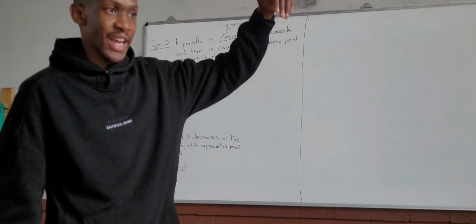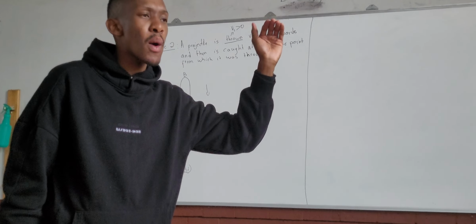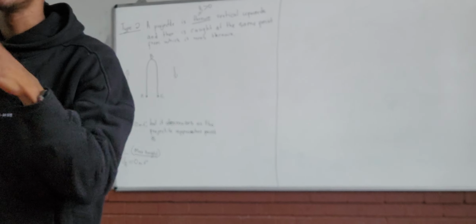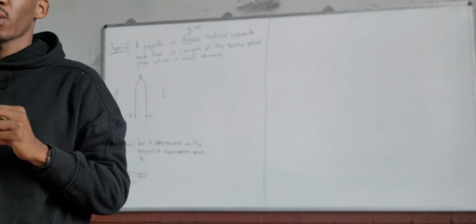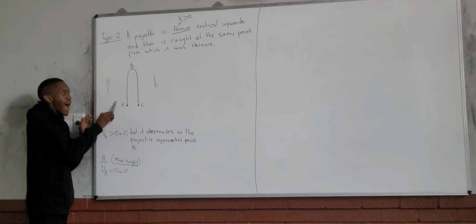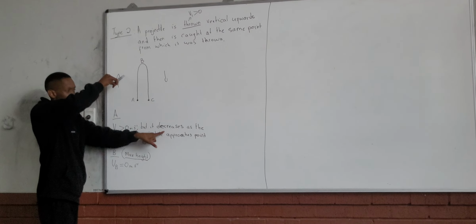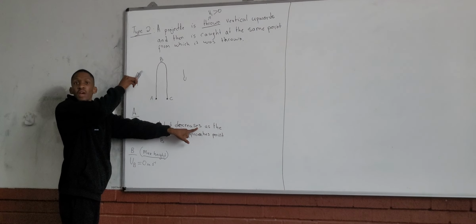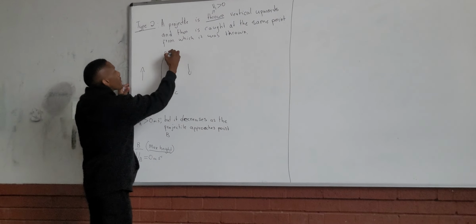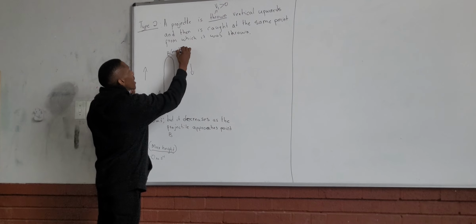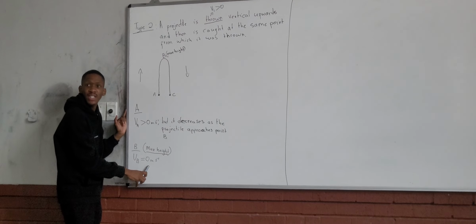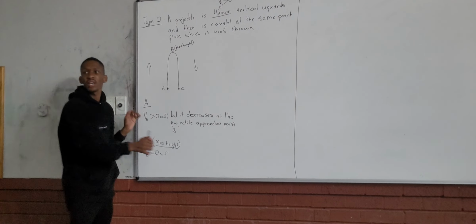To change direction. And before our projectile can change direction, its velocity must be equal to 0. Because remember, when the projectile was busy going upward, its velocity was decreasing. And then when it reaches point B, which is our maximum height, its velocity was 0 meters per second.